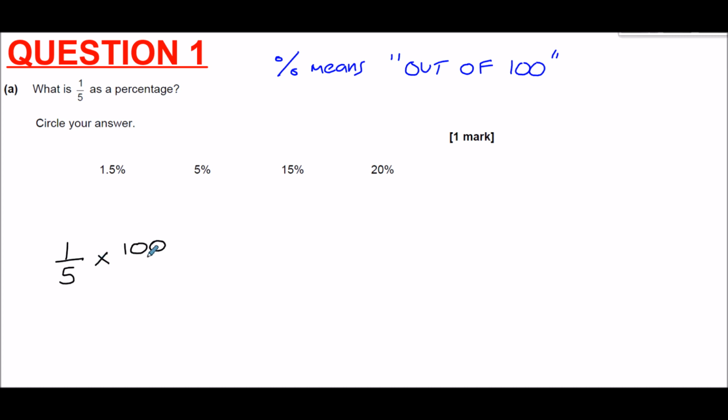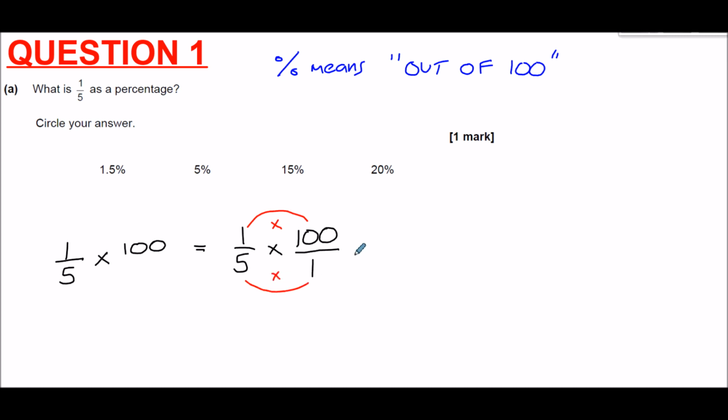Now, if you're multiplying a fraction by a whole number, you can always change any whole number into a fraction by just writing it over 1. So if we just rewrite this slightly, put 100 over 1, then we can multiply this out by just multiplying the tops and multiplying the bottoms.